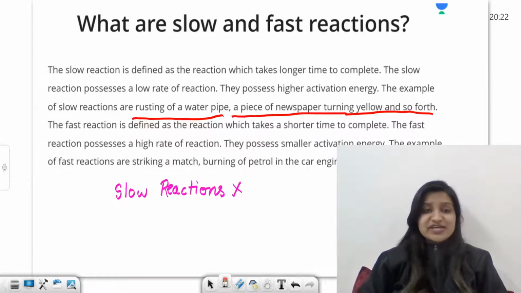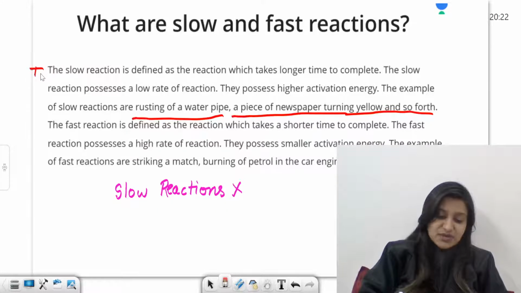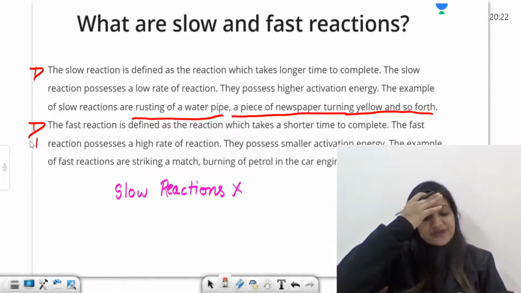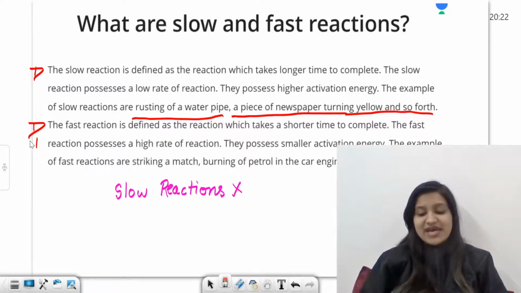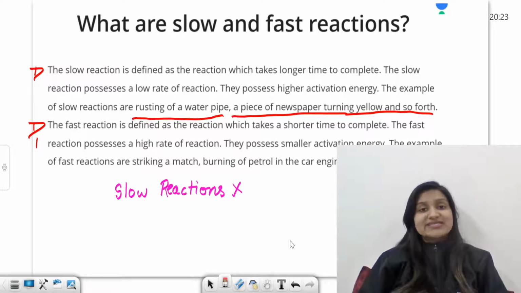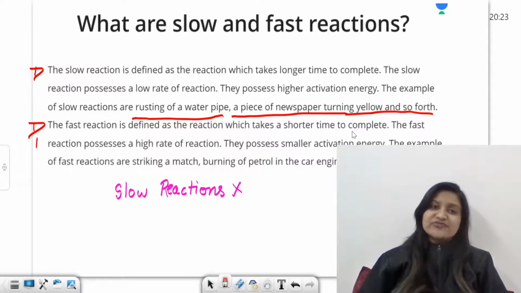The fast reaction is defined. Now this was about your slow reaction. Now this is about your fast reaction. So the fast reaction is defined as the reaction which takes lesser time to complete. The fast reaction possesses a high rate of reaction.